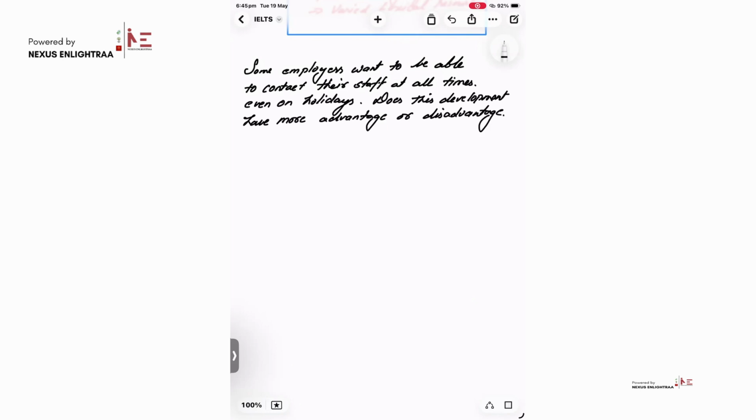Now, since we are just learning to write the paraphrase as of now, we will only take into consideration the stem statement, that is this statement till here. We will not go beyond that. Now, what I want you to do is try and see if you can actually paraphrase this.